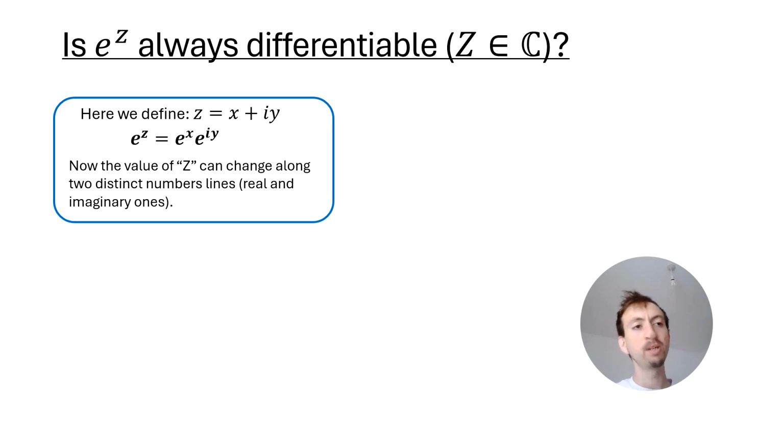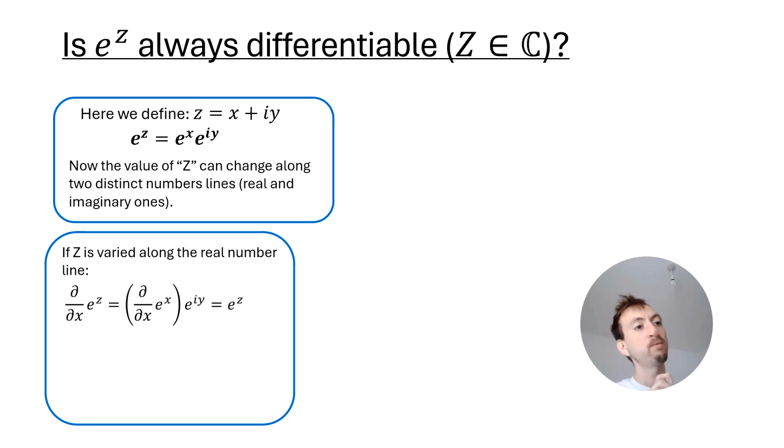So, which of these are changing infinitesimally, x or y? So there's a bit of ambiguity when we're saying we're going to differentiate e to the z. So let's have a look at what happens when we differentiate e to the z by changing x, and then see what happens if we differentiate e to the z by changing y.